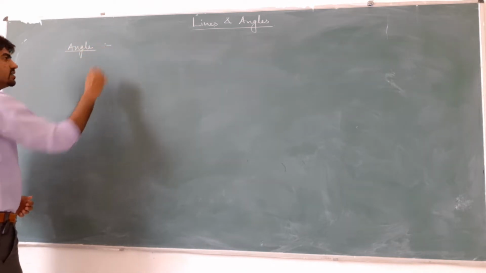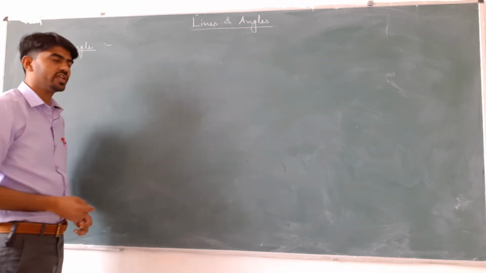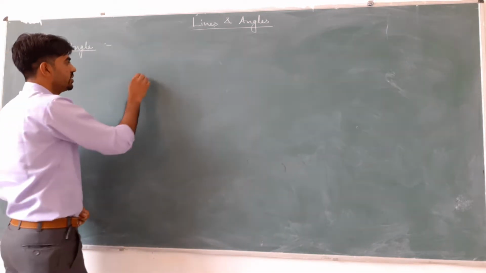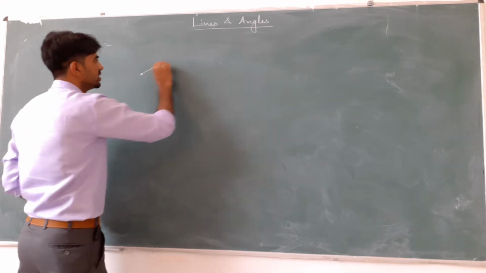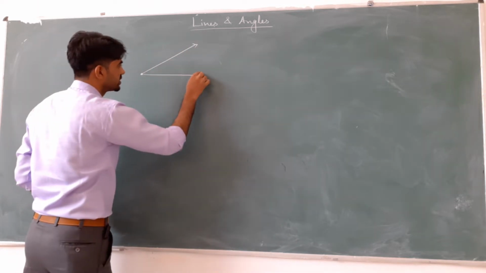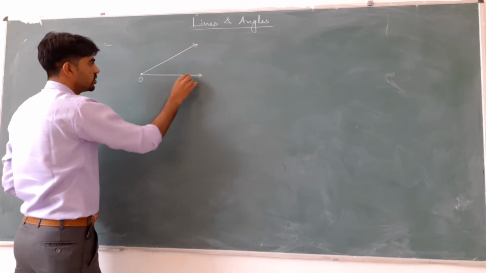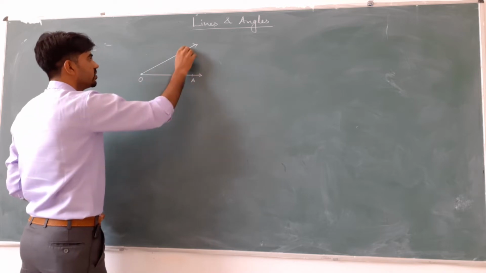What is an angle? If I take two rays which originate from the same initial point, let this and this be the two rays OA and OB.